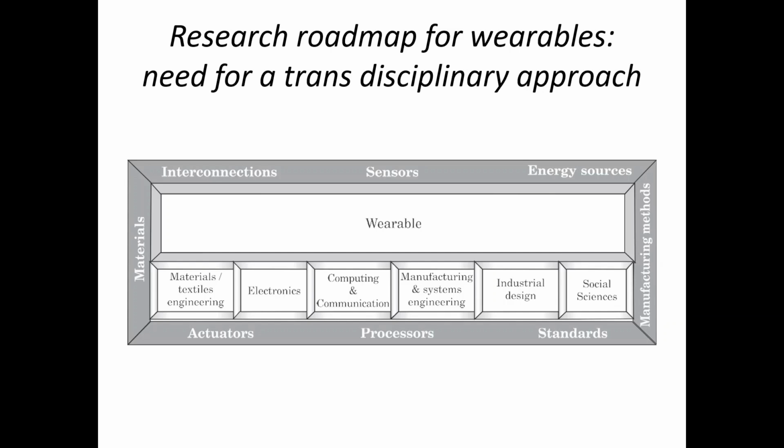So the key components in that diagram start with sensors. What the sensor does in this is capture physiological and environmental data. The research focus is miniaturization, non-invasive sensing, and accuracy and reliability under any kind of movement.